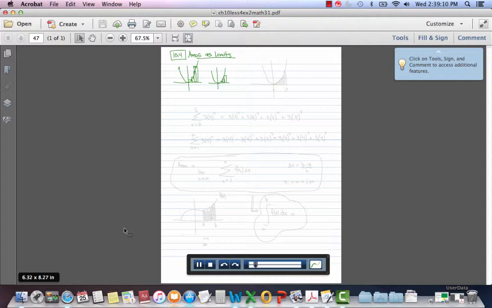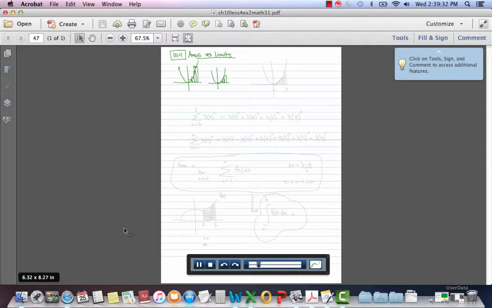like this, you can imagine or picture that the more rectangles you did, if you divided your interval into, instead of 4 rectangles as we did in the last example, if you divided your interval into 1,000 tiny little rectangles, you would expect you'd have a more accurate estimate, and that's definitely true.